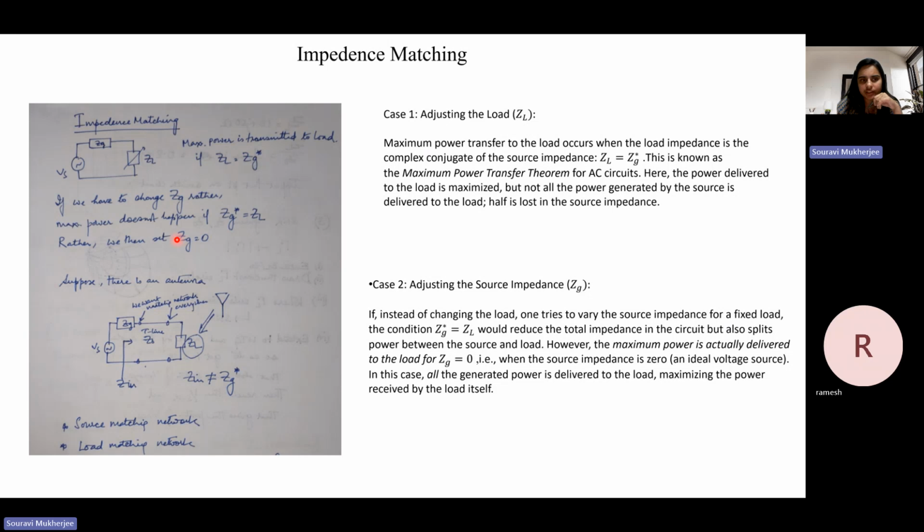Basically, one is the impedance at the source end. You can choose the load, adjusting it such that it is matched. Or you can keep your load constant and see what happens if you change the resistance or impedance at the generator side. These are the two things you can change.